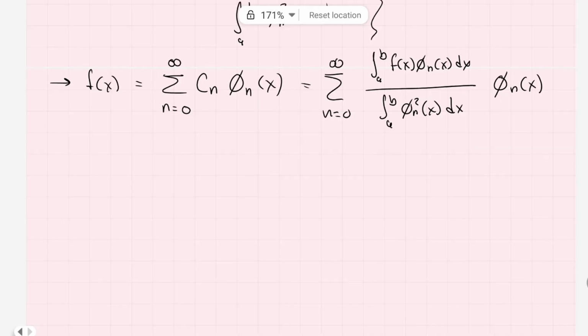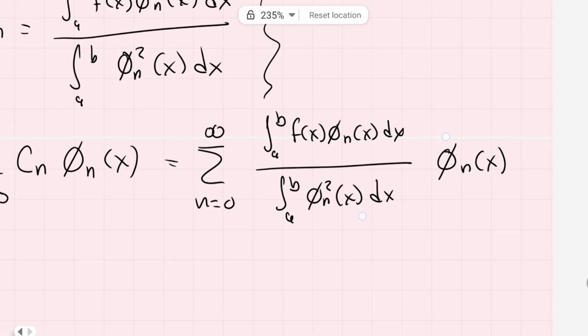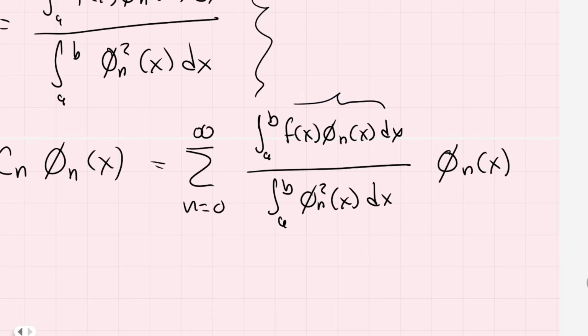Well, we can say that it is actually possible to write a function, an arbitrary function f, in terms of a sum of orthogonal functions, or to be explicit, the linear combination of orthogonal functions. And recall that, well, this is just the inner product between f and phi n of x.